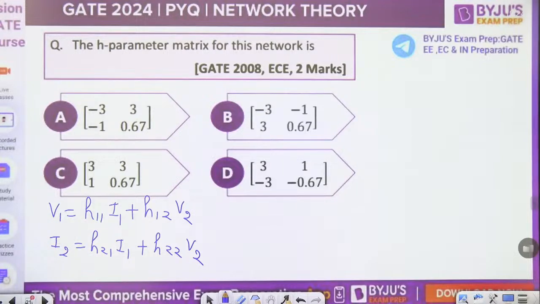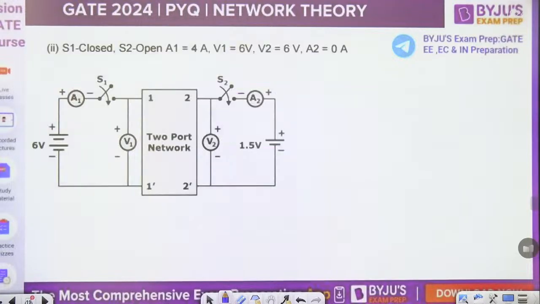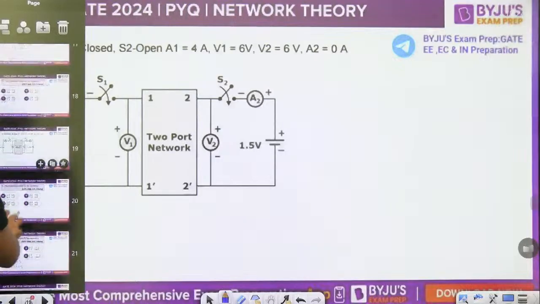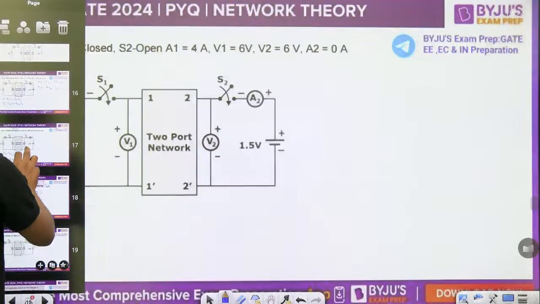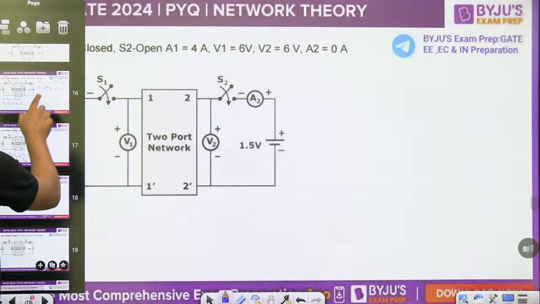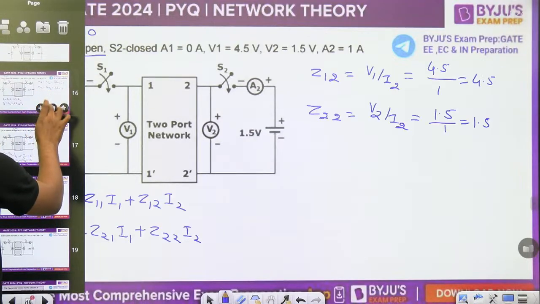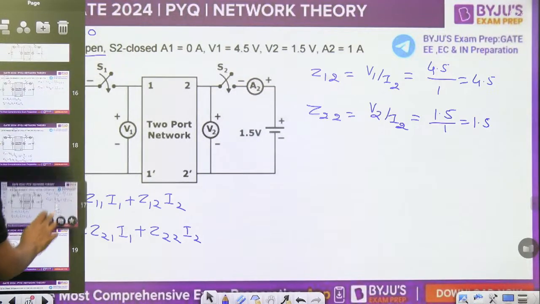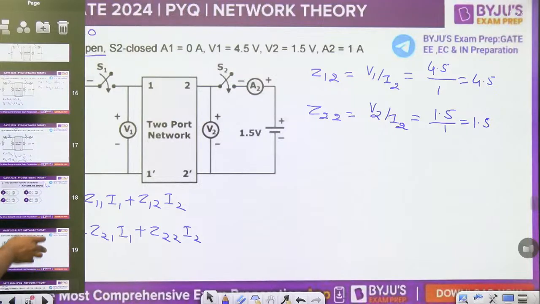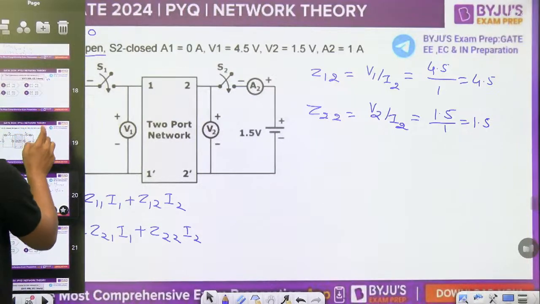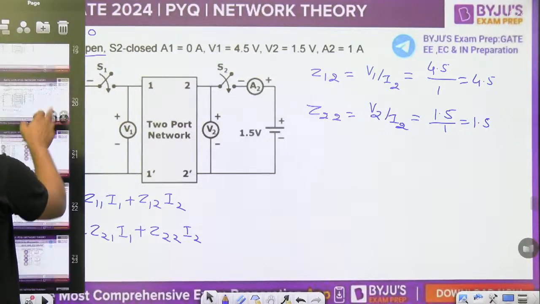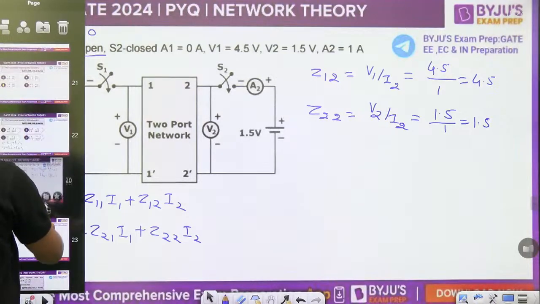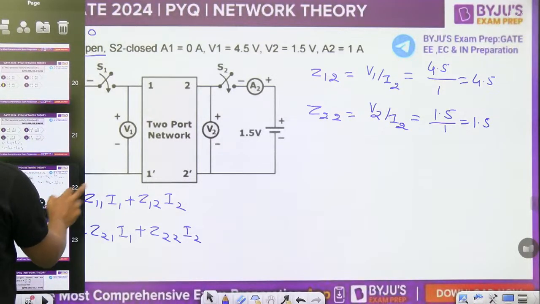So I1 0 means which condition? This is the condition. When I1 was 0, this is the condition. Now watch this.